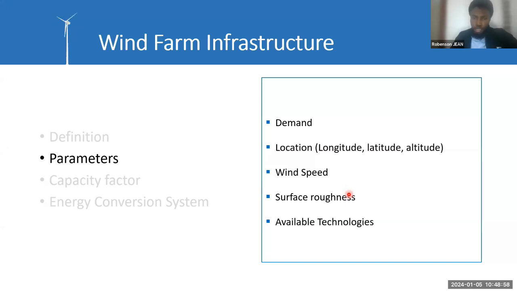So this is information that we have to take into account, and also the available technology, because we can have a very high wind speed profile in a region, but if we do not select the correct technology, our system will not operate with the higher efficiency that it could.